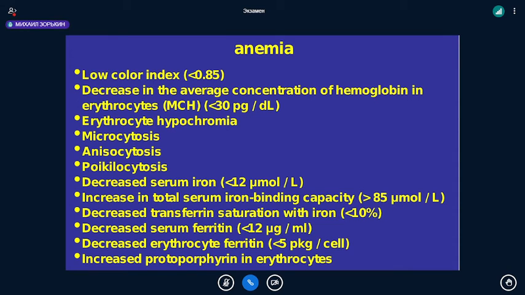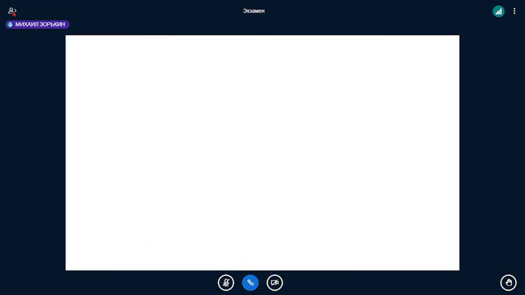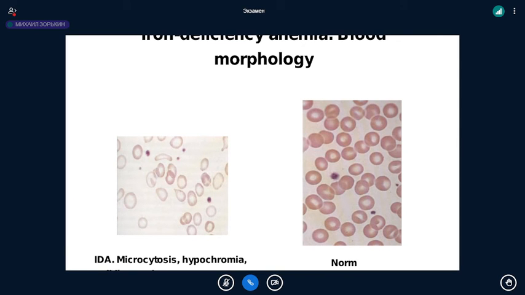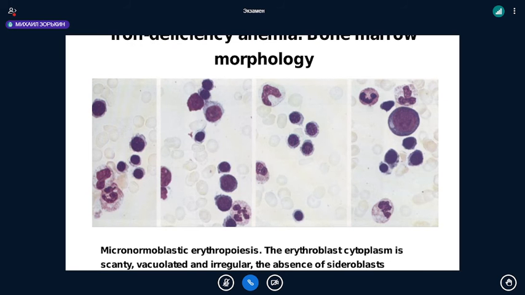These are the most common and most necessary findings. These types we have already seen before: microcytosis, hypochromia, poikilocytosis in comparison with the normal condition.